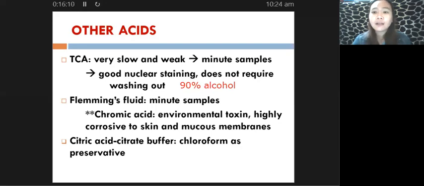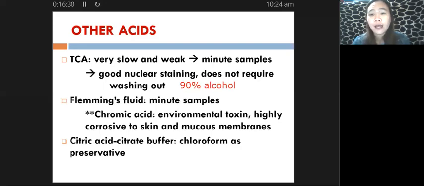Apart from that, your chromic acid is also considered a health hazard. In particular, it is highly corrosive to the skin and to the mucous membranes. So you have to be very careful when using Fleming's fluid.